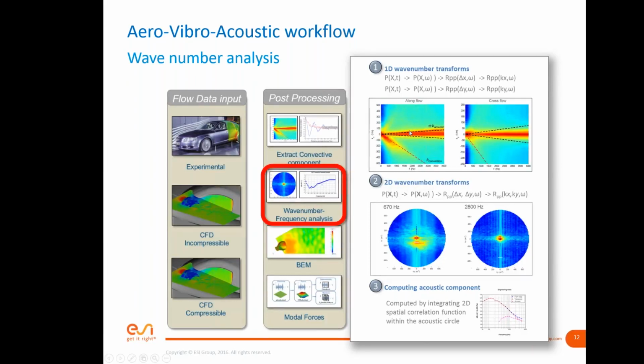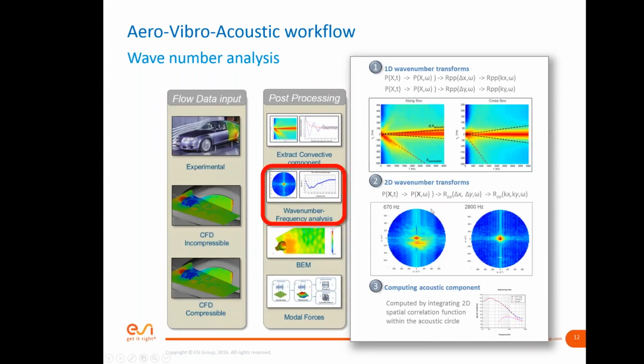And the other part, which is like a cone here because it's growing with frequency, is typically the acoustic component, brought by the acoustic wave number here. In the cross flow, you only get the acoustic part, typically.